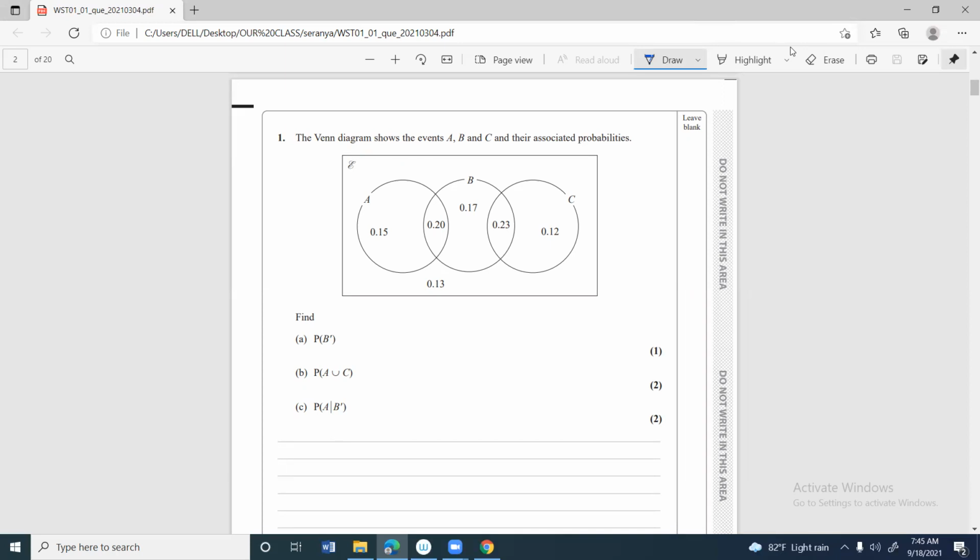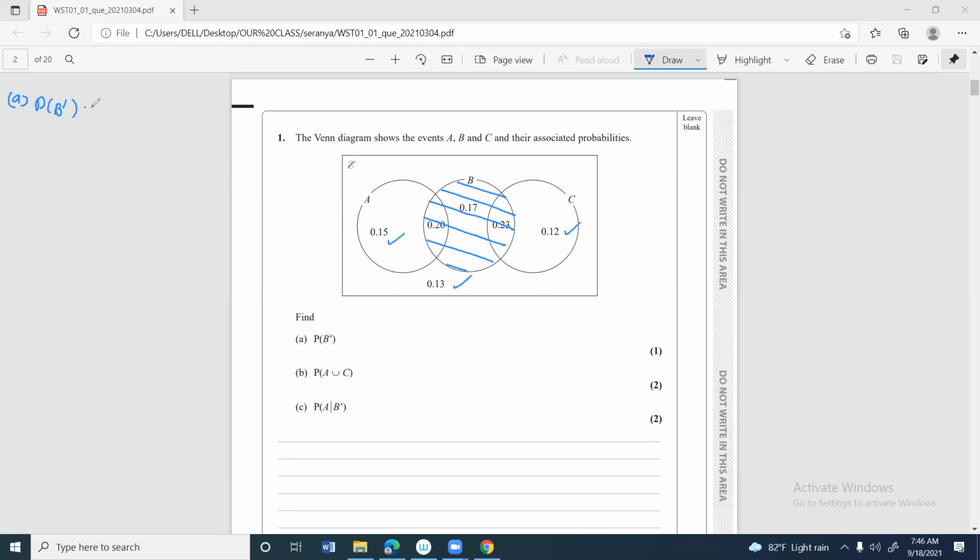Then if they want to find the probability of B dash, they are talking about the area which is outside of B. That is what you mean by probability of B dash. So B is this bit. Out from this area, the total area outside of it belongs to this, this and this.